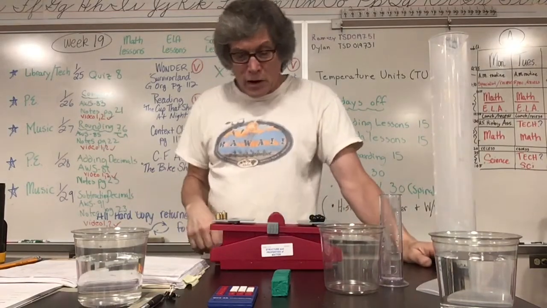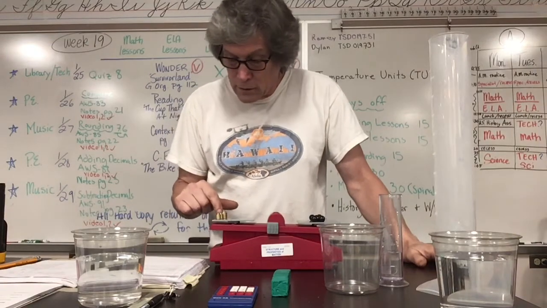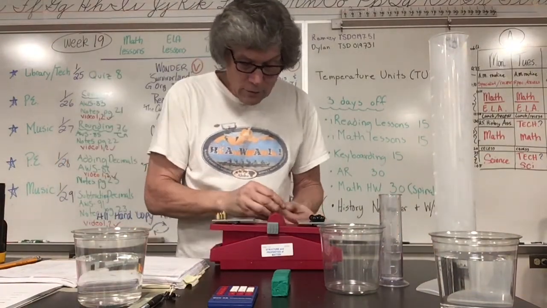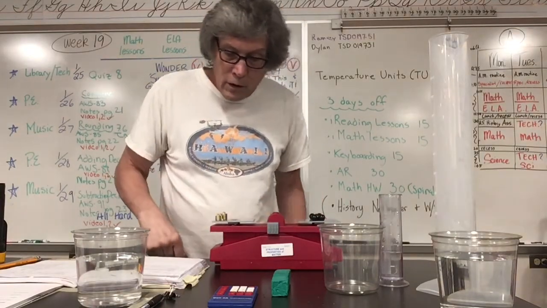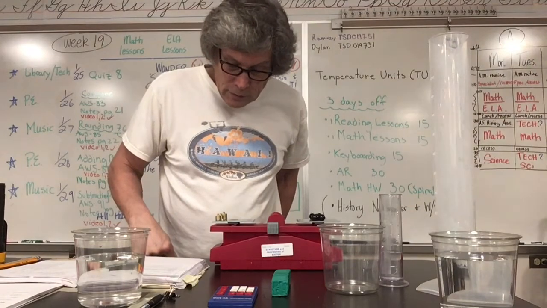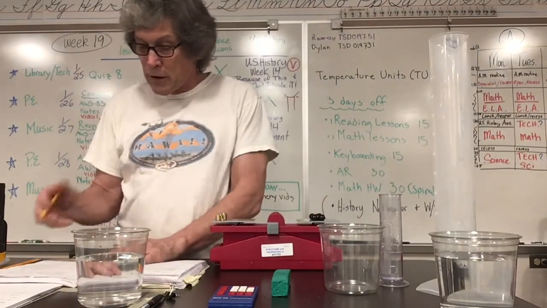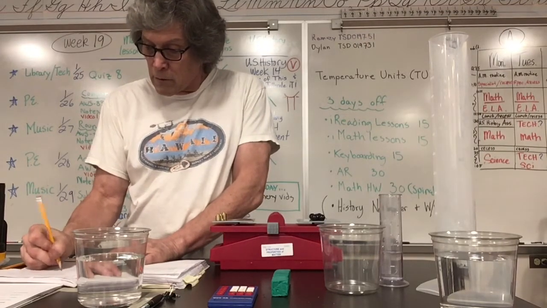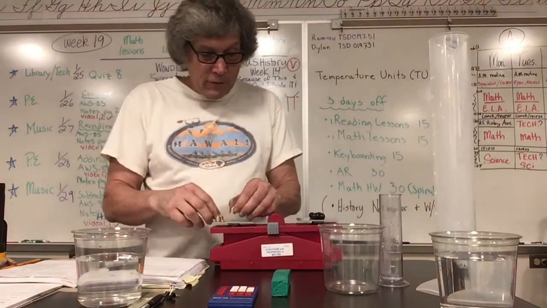I'm rounding right now, but I would say it's like 20, 30, 40. Well, let's see if I have any ones. Oh, I like that better. So 43. I get 43 grams. Okay, next up. Let's put all these away first before I lose some of this.